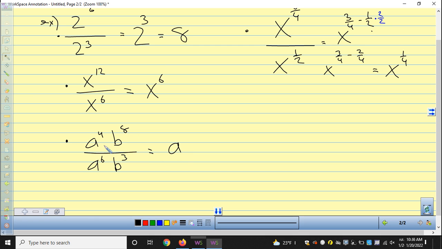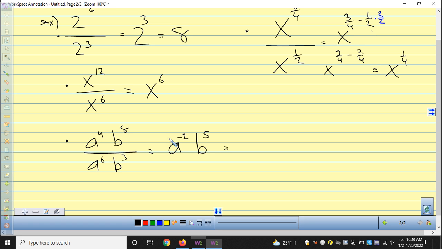So for the exponent on a, I'm going to subtract these exponents. 4 minus 6 is -2. And for the b's, 8 minus 3 is 5. Oh, but now we have this negative exponent. So to simplify, we don't want that negative exponent.